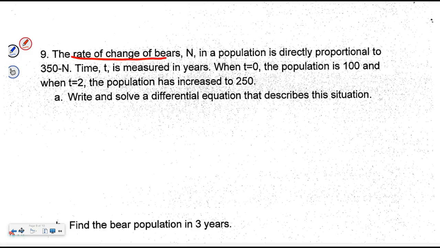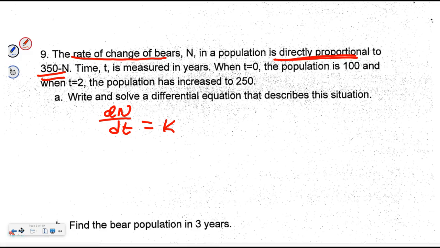Well, this is dN/dt, the rate that the number of bears is directly proportional to. So I've got that word trigger, but it doesn't say the right thing. If it was going to launch into the Ce^kt model, it would have had to say directly proportional to what? N. Exactly. And it doesn't say N. What does it say? 350 minus N.